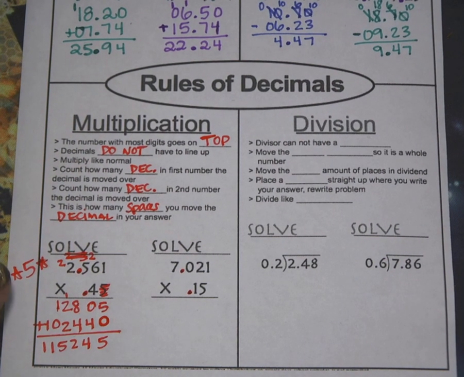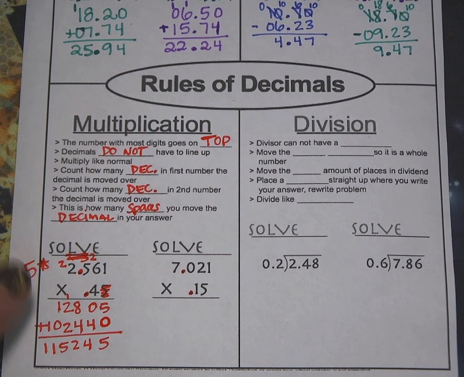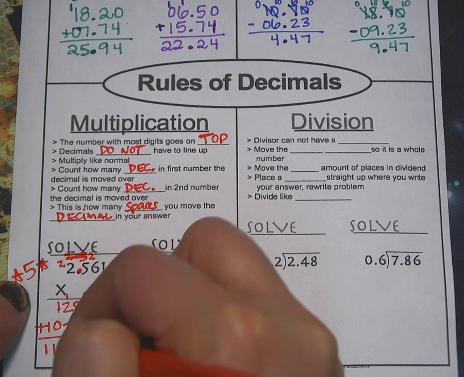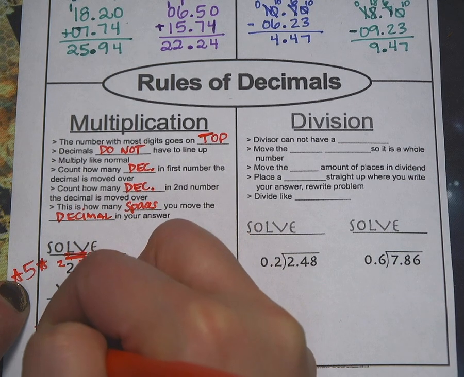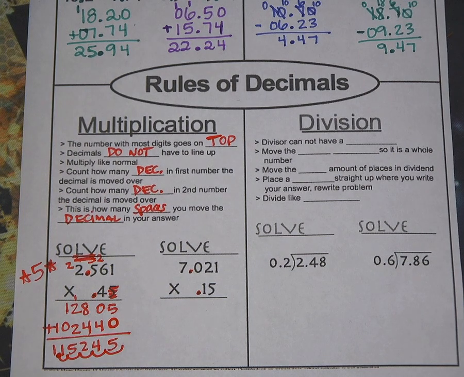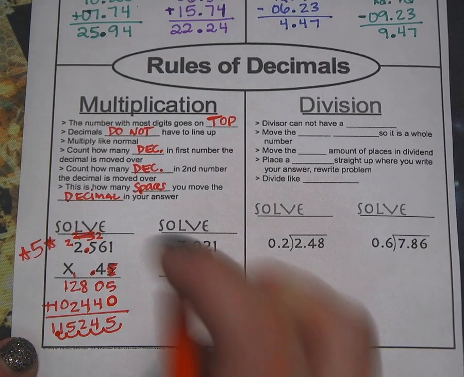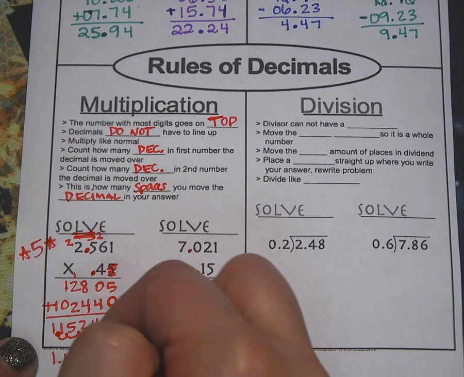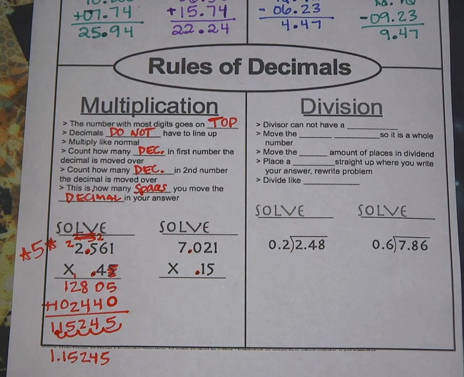And remember, I look over here and I say, oh yeah, I have 5 decimal places. So I'm going to start at the back and hop 1, 2, 3, 4, 5. Big bold decimal. So my answer is 1.15245. Okay.